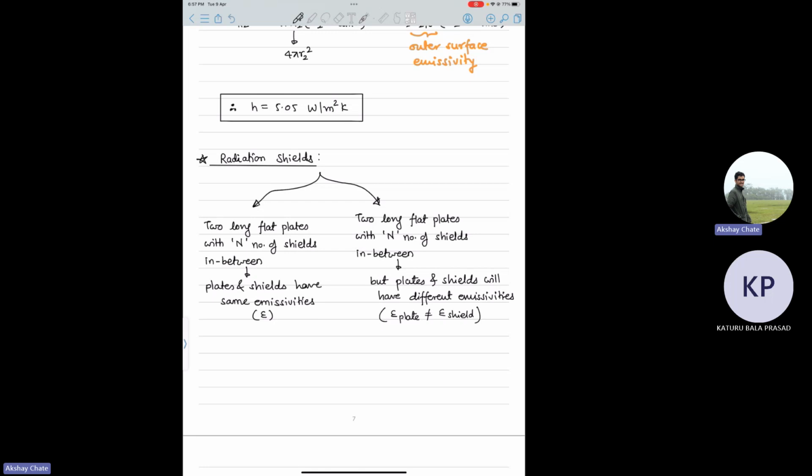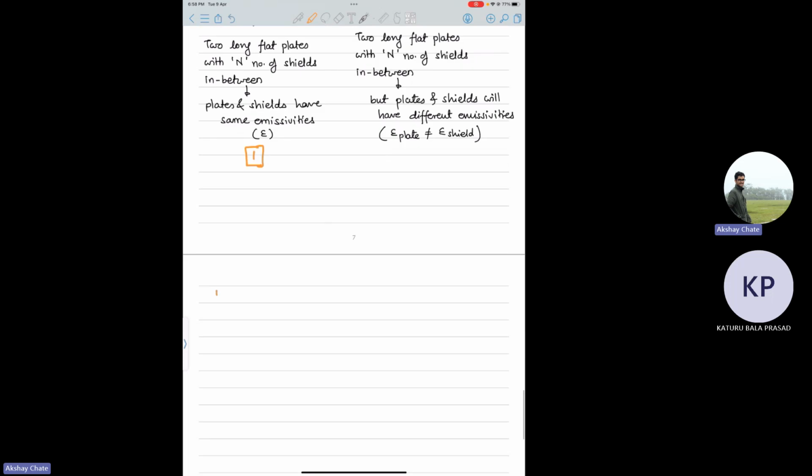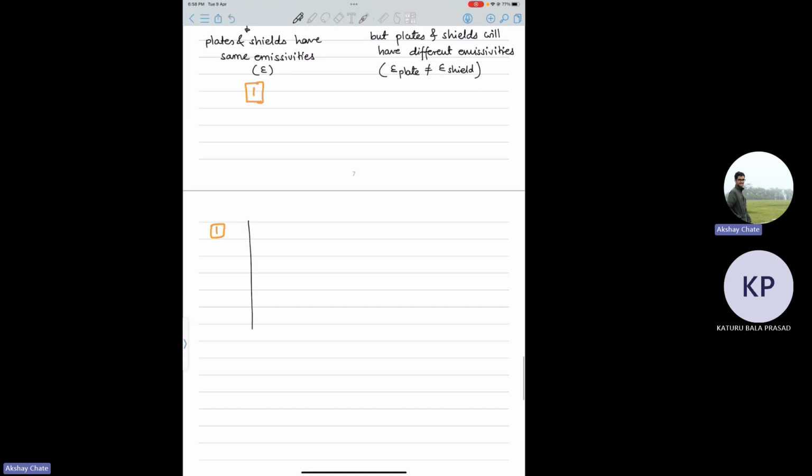This whole thing boils down to a resistance network, because we typically assume steady state conditions for solving such problems. We'll take the first case, and I'll number it. Here you'll have an arrangement like this: the first plate and the second plate.